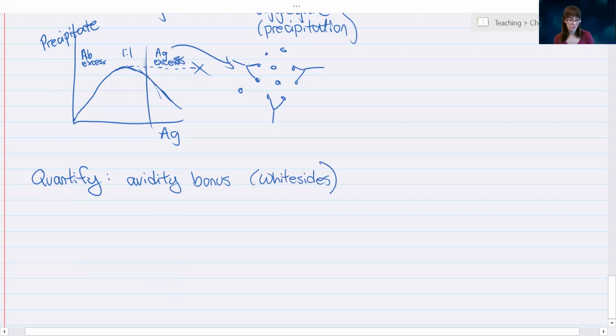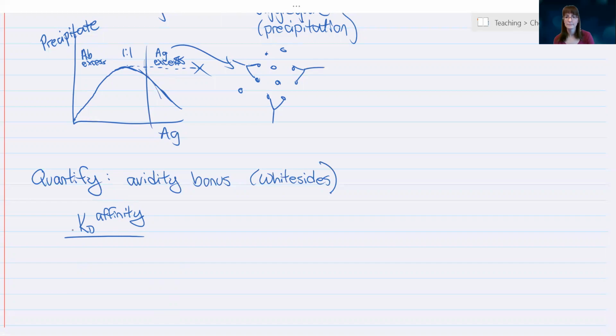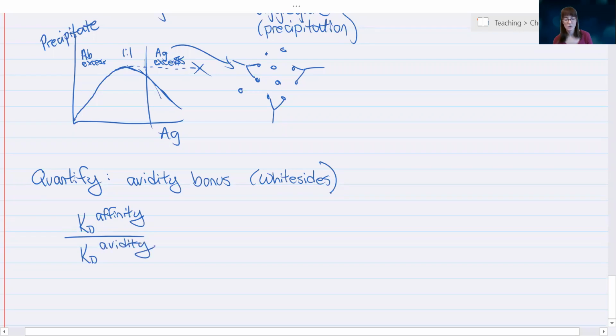And we've already introduced these two terms, KD affinity and KD avidity, which would just be like these binding strengths that relate to either the individual interactions, this 1-to-1 interaction, versus the total complex that got formed.